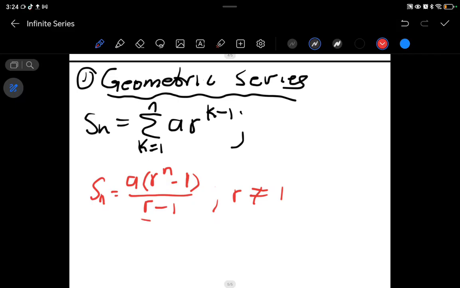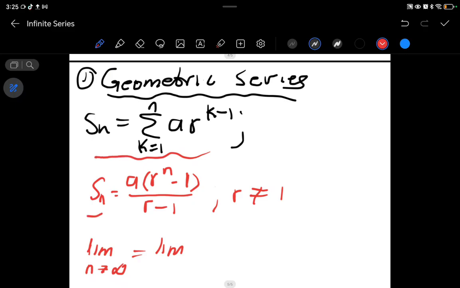The second one doesn't have the summation, so the second one will depend, right? Let's say now I take the limit as n approaches infinity. If n approaches infinity, I'm going to have this. The limit I'm taking is based on this one, because this is how the question is going to be given to us.